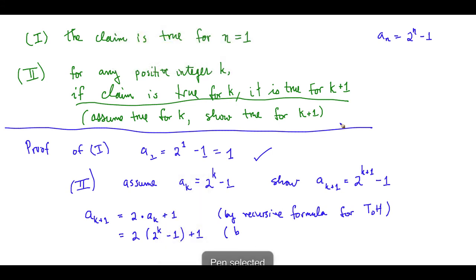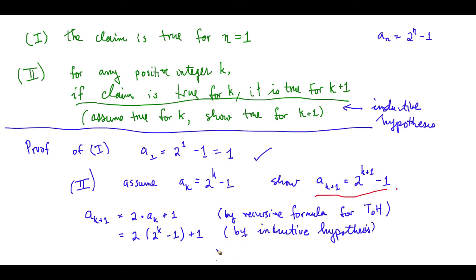So that's what this statement is right here. Assume that it's true for k. Show that it is true for k plus 1. So this is called the inductive hypothesis. All right, so that's by the inductive hypothesis.